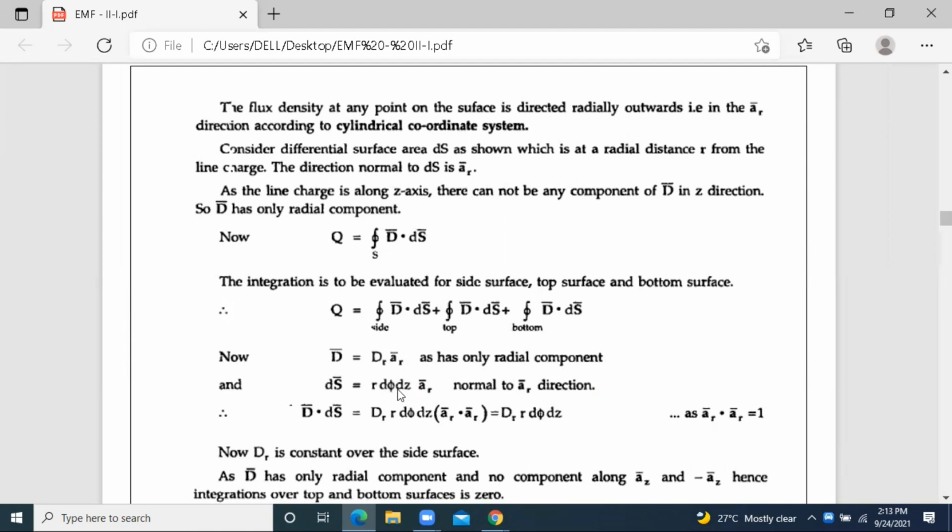There's r dφ dz a_r, which when you dot dS with D, a_r dot a_r is 1. So you end up with D_r r dφ dz.